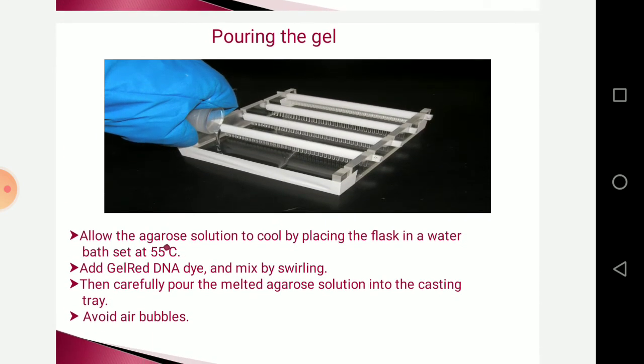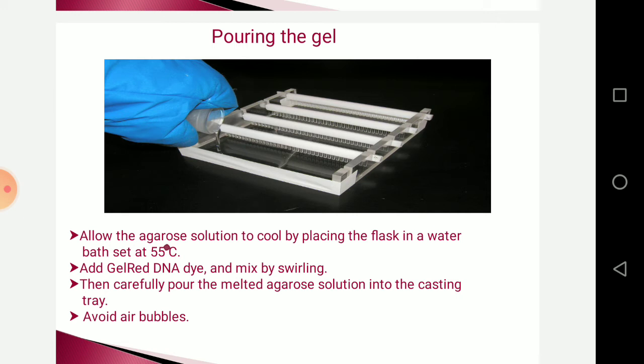After putting this comb, we pour our gel into the chamber. Allow the agarose solution to cool by placing the flask in a water bath set at 55 degrees Celsius. Add GelRed DNA dye and mix by swirling.